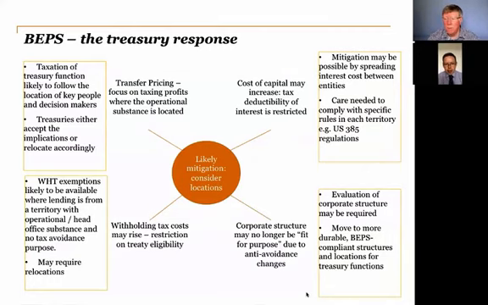Sure. In terms of responding to BEPS, the main thing is to understand, because the BEPS rules are now becoming quite clear, what the likely impact is and what you can do about it. Looking at transfer pricing, for example, the impact of those rules is that profits are located where the key people are and the key decisions are being made.